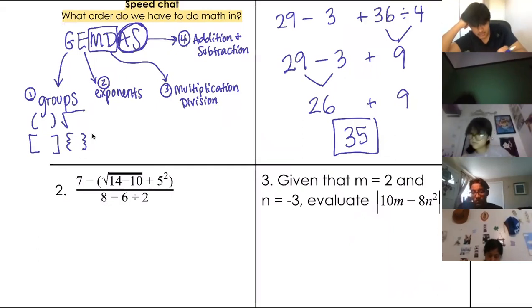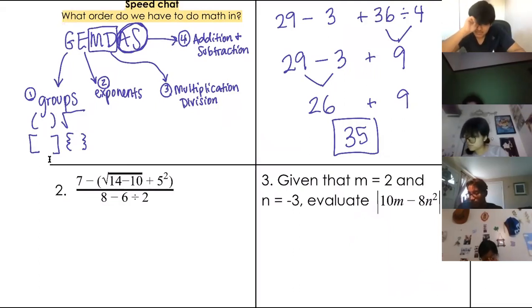Cool. If you're feeling really good, go ahead and try number 2 on your own. Manny, yeah, that'd be good if you've got one. It'd be good to use a notebook.